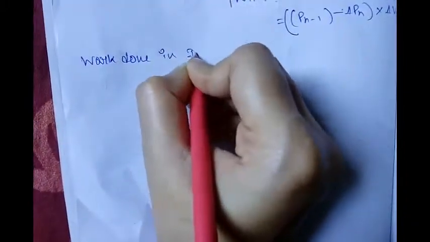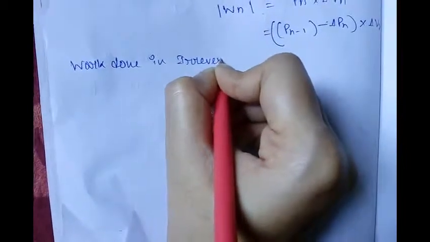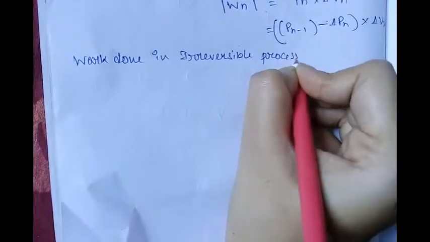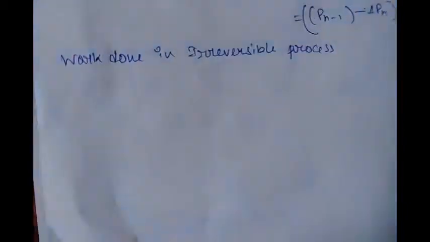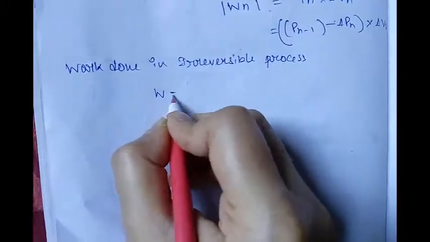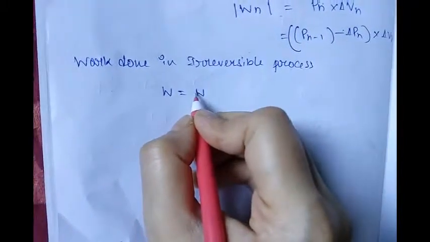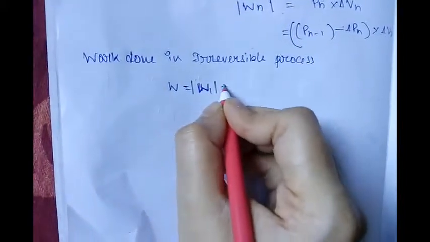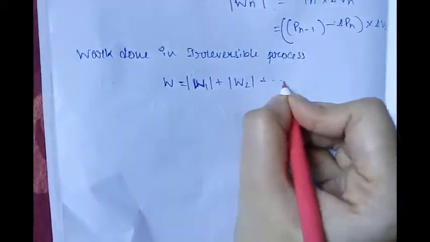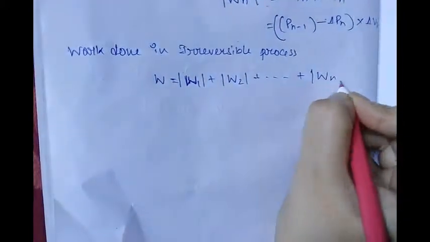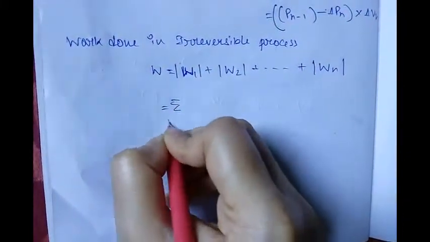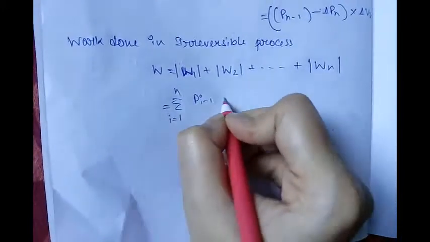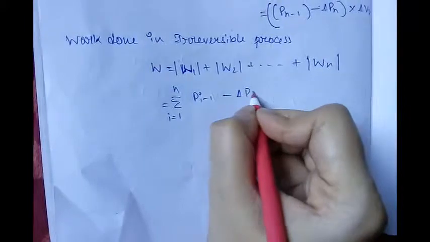in irreversible process will be the summation of work done in all steps, W1 plus W2 plus dot dot dot Wn, that is equal to summation of i equals 1 to n of (Pi minus 1 minus delta Pi).